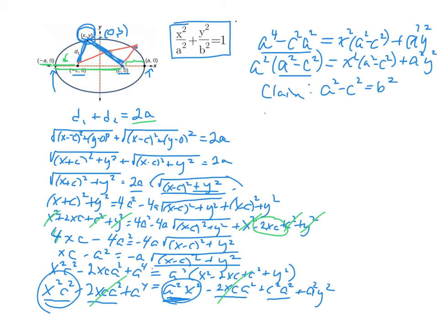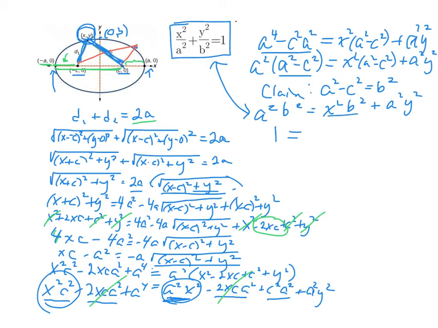And so what we have when we make that claim is that a squared times b squared is equal to x squared times b squared plus a squared times y squared. And this is actually what we're going for, because if I divide through by a squared, b squared, what I end up with is 1.